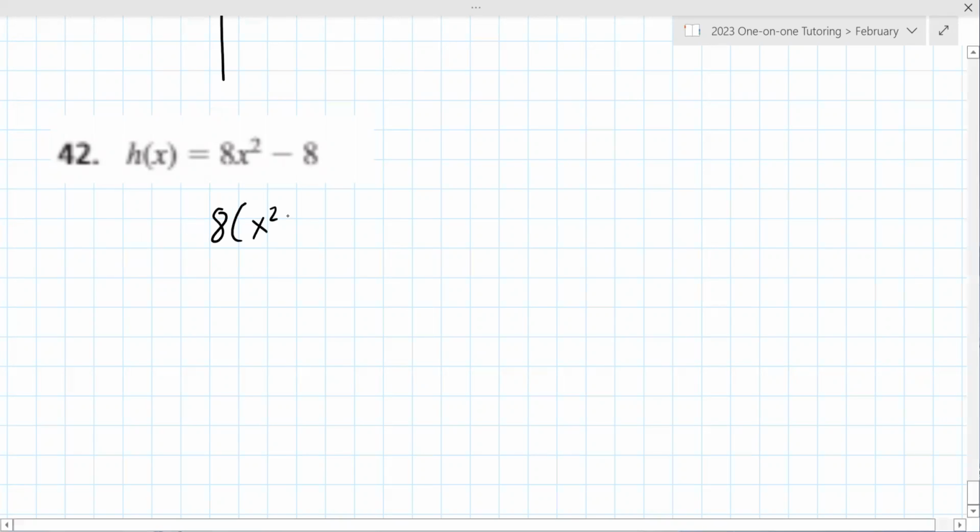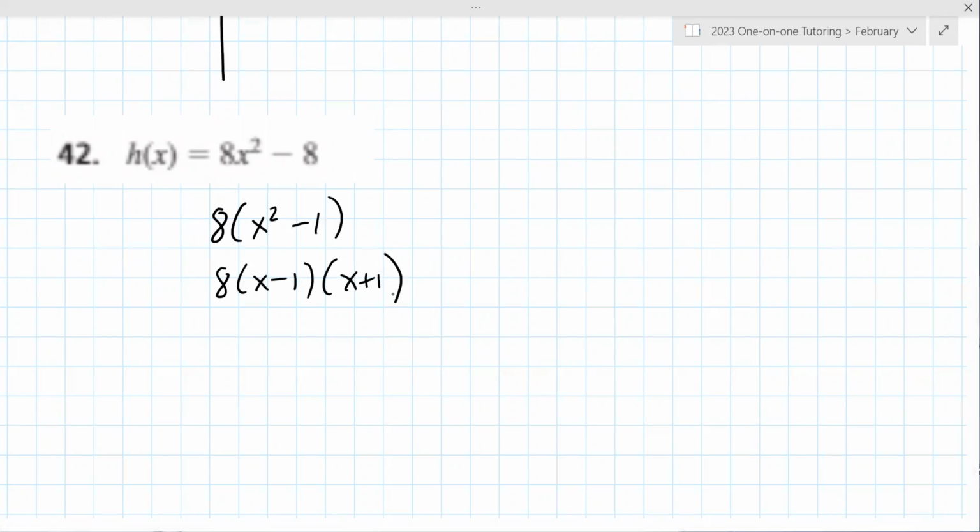So that's x squared minus 1, and then x minus 1, x plus 1. Oh, you just factored it, difference of squares. Just want to make sure we get through as many as we can. Actually, it won't be too bad to do this. Now we only have 2 more problems left, I think.